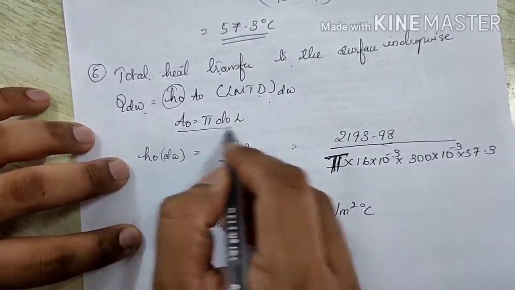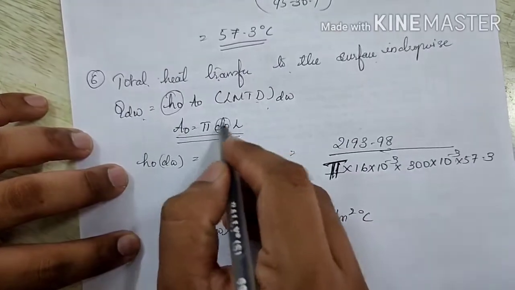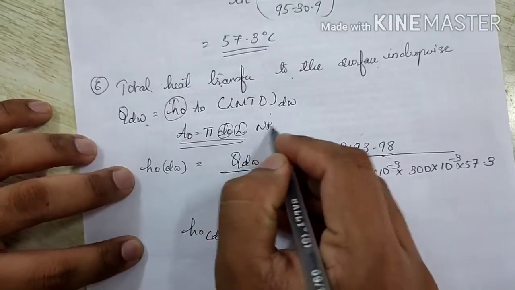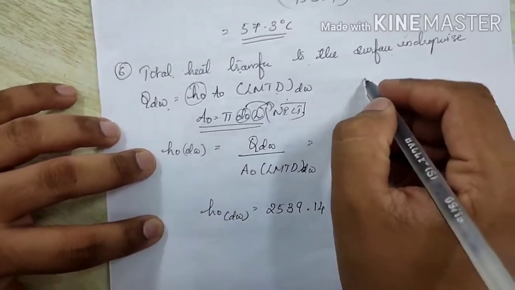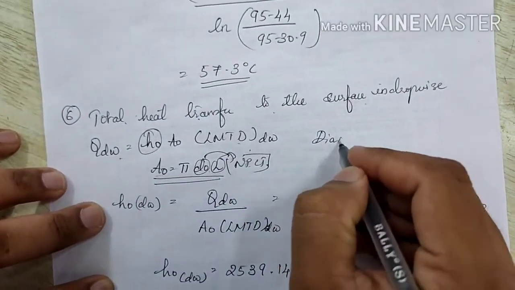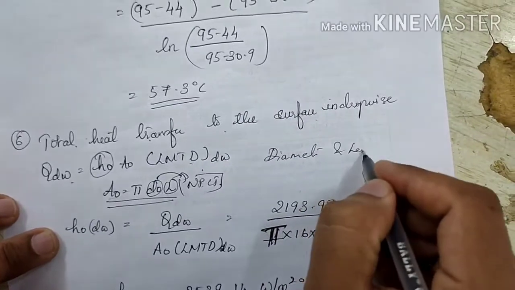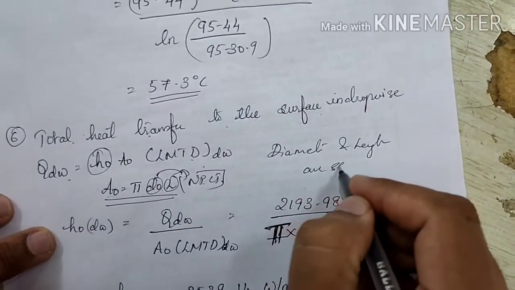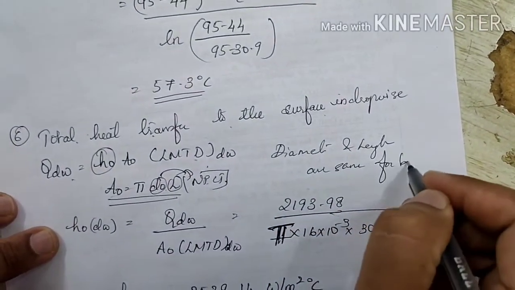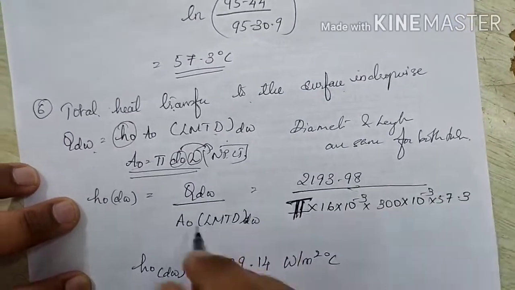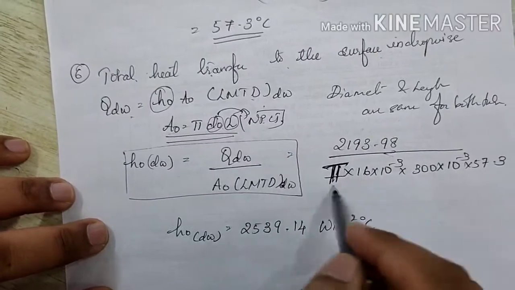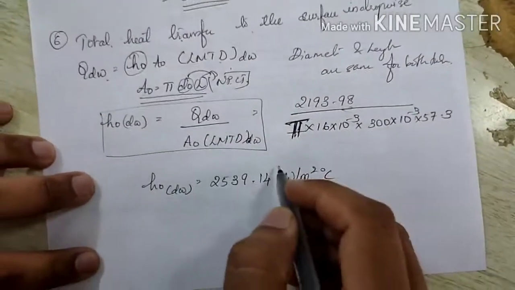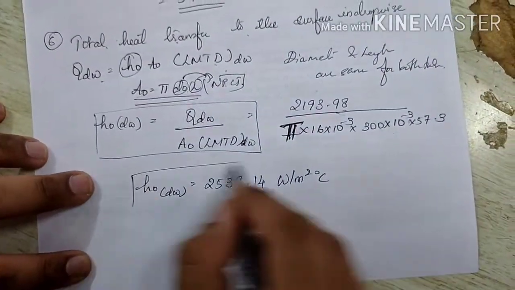So for this, A0 equal to pi d naught L. This is for nickel plated copper tube, the diameter and length are same for both tubes. So for that we are getting this formula and we are substituting the values from the calculations and the table, and we are getting this value.